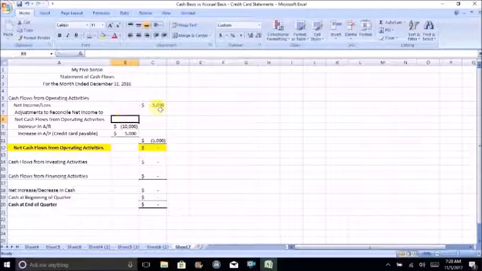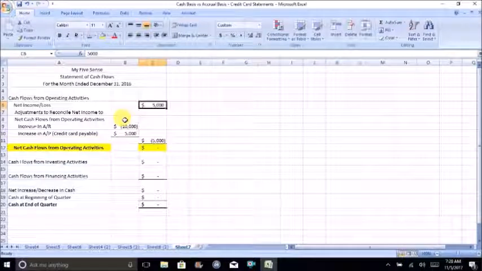In this we're attempting to report, capture, and summarize only cash transactions, cash activities.